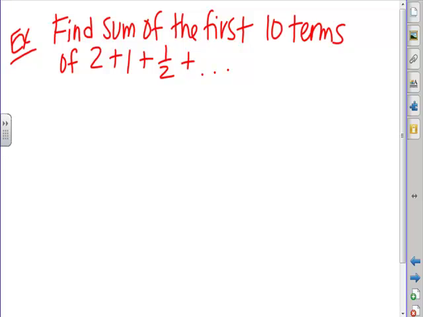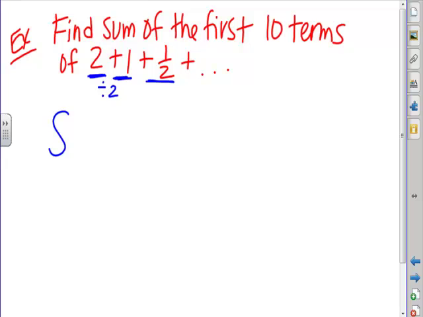So the first thing I'm going to do is make sure that I know what kind of a series this is. And if you notice, I go from 2 to 1, which if you were trying to make this an arithmetic series, you might say, okay, I'm subtracting 1. But when you subtract another 1, you don't end up at a half. So when I look at this, I say, well, to go from 2 to 1, I divide by 2.